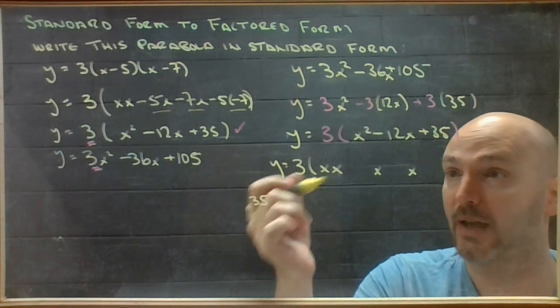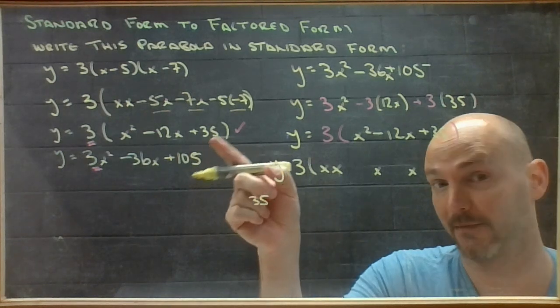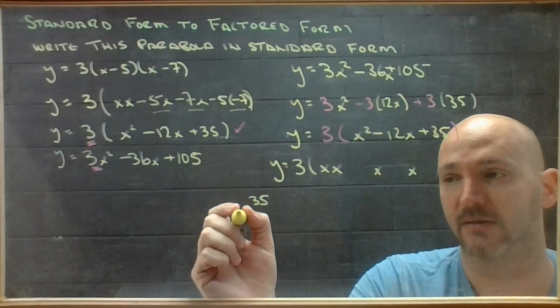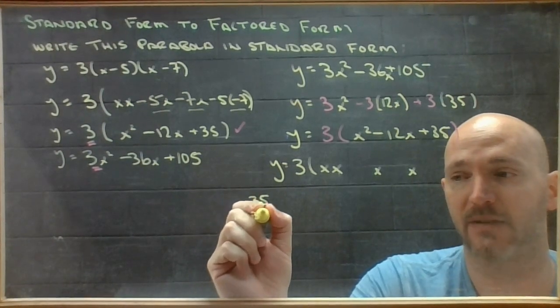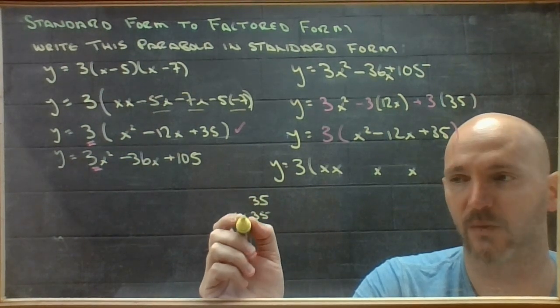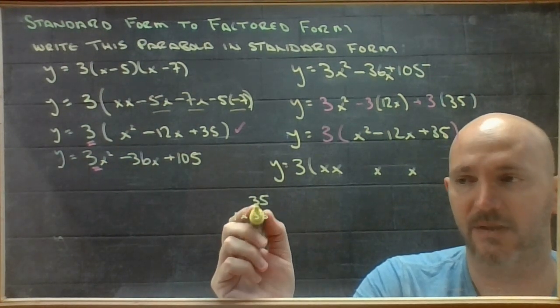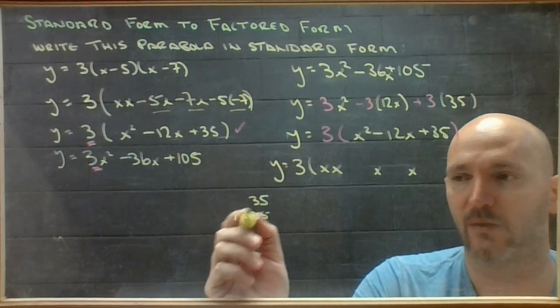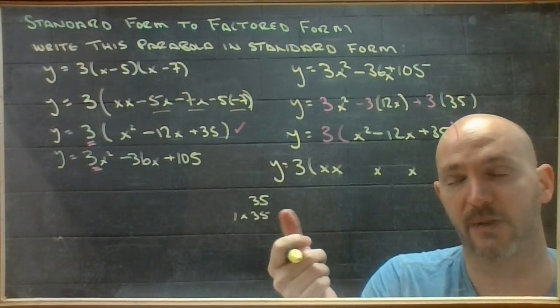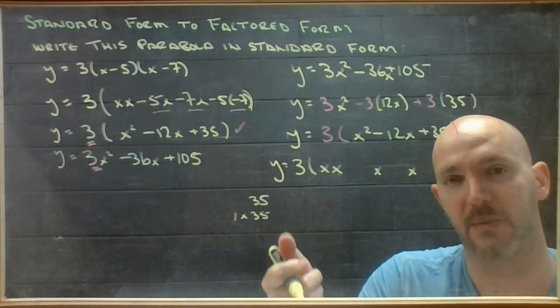So if you can't remember and don't happen to have the example sitting beside you, just make yourself a list. 1 times 35, that would work. 2 times, doesn't work evenly. 3 times, doesn't work evenly. 4 times, doesn't work evenly. And you just keep trying this on your calculator, divide by 2, divide by 3, divide by 4.